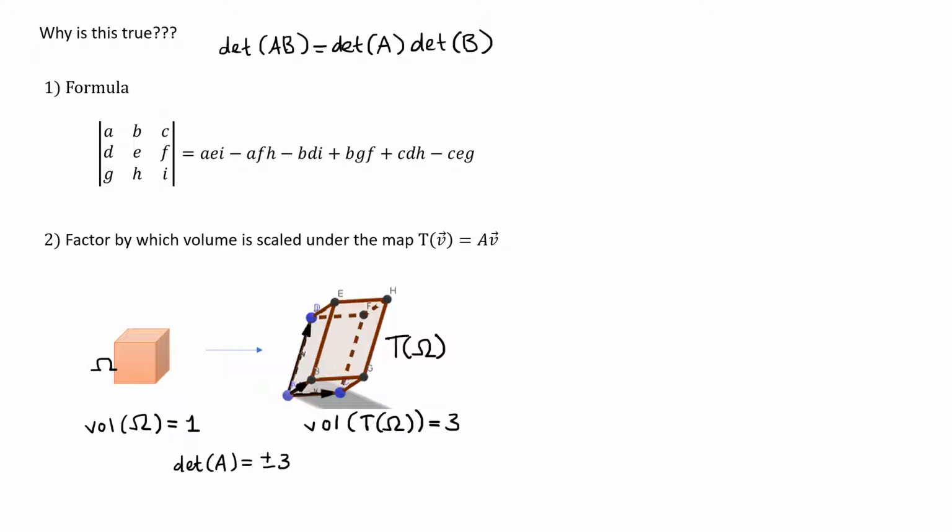Okay, so where does this formula determinant of AB equals determinant A times determinant B come from?